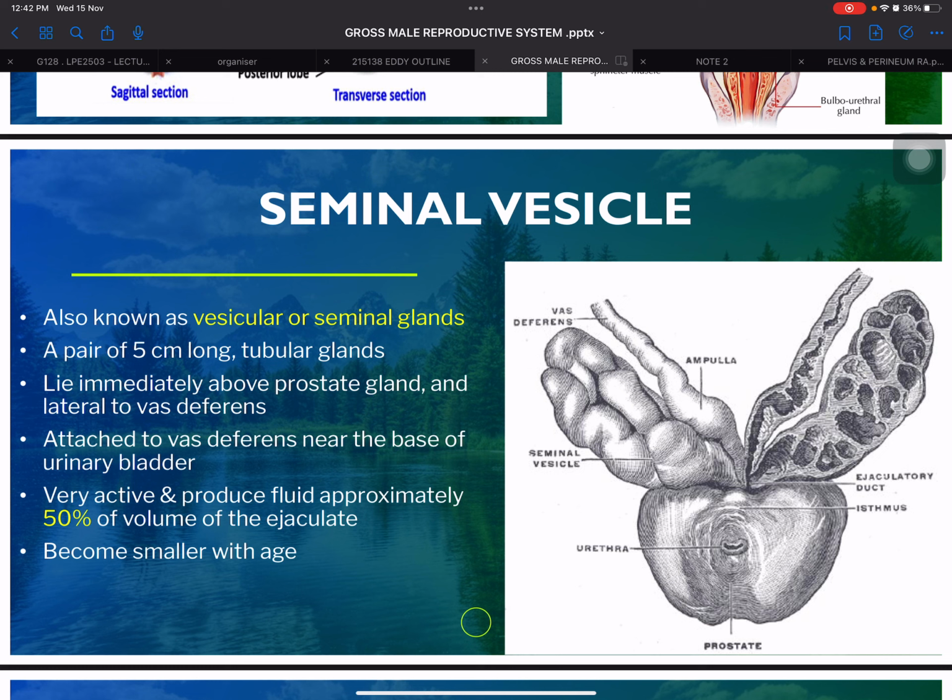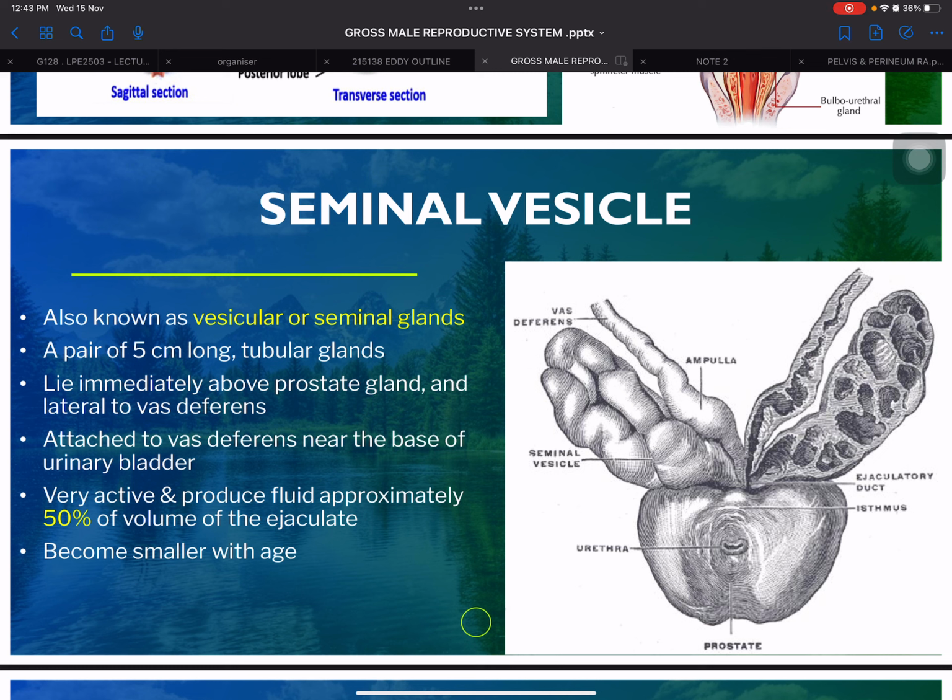The seminal vesicle is always lateral to the vas deferens, not medial. It is attached to the vas deferens near the base of the urinary bladder, is very active and produces fluid approximately 50% of the volume of the ejaculate, and becomes smaller with age. So 50% of the ejaculate fluid is from the seminal vesicle.